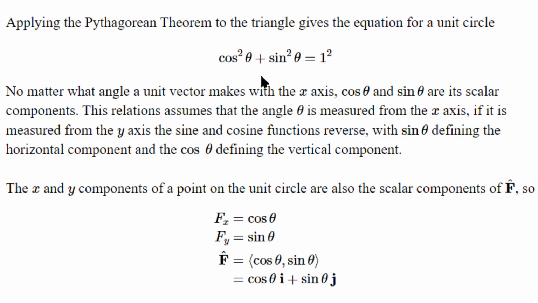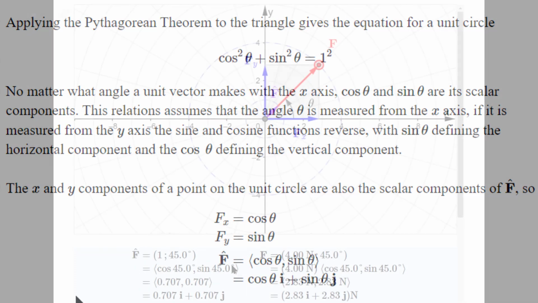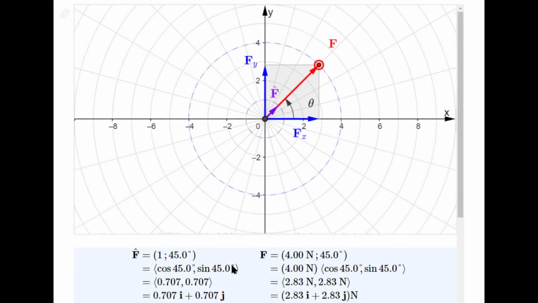But if we take the standard notation of from the x-axis, what we end up with is that the x component of that unit vector is equal to cosine of theta, and the y component of that unit vector is equal to sine of theta.